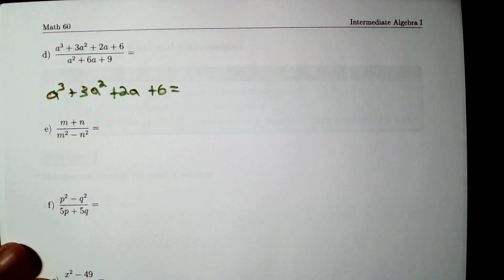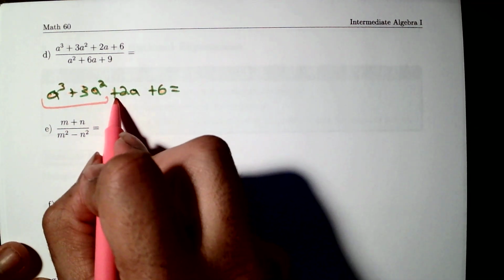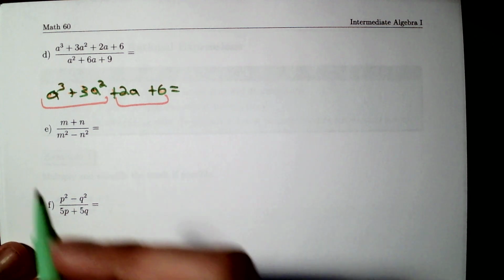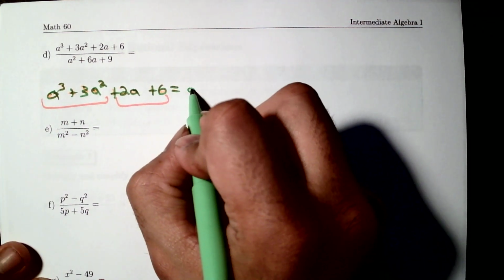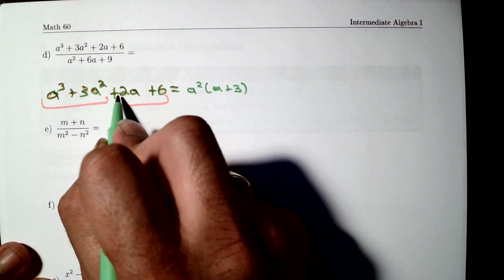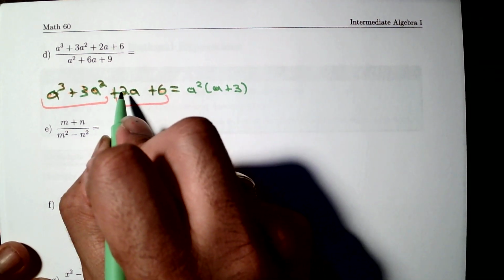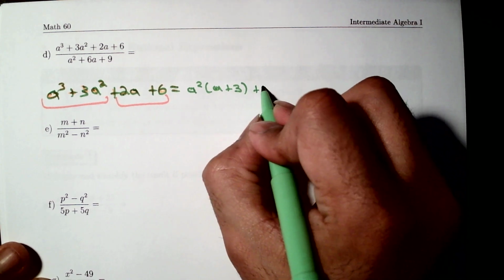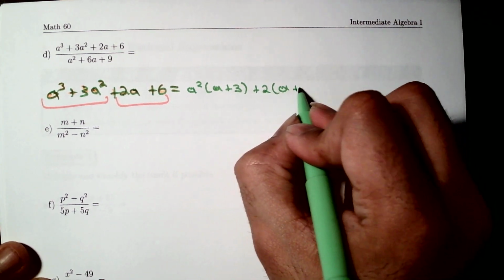Okay, so in this case, I'm going to factor by grouping. Group these two, group those two. So factor out a squared, and we're left with a plus 3. Over here, if we factor the GCF, which is the 2, we're left with a plus 3.